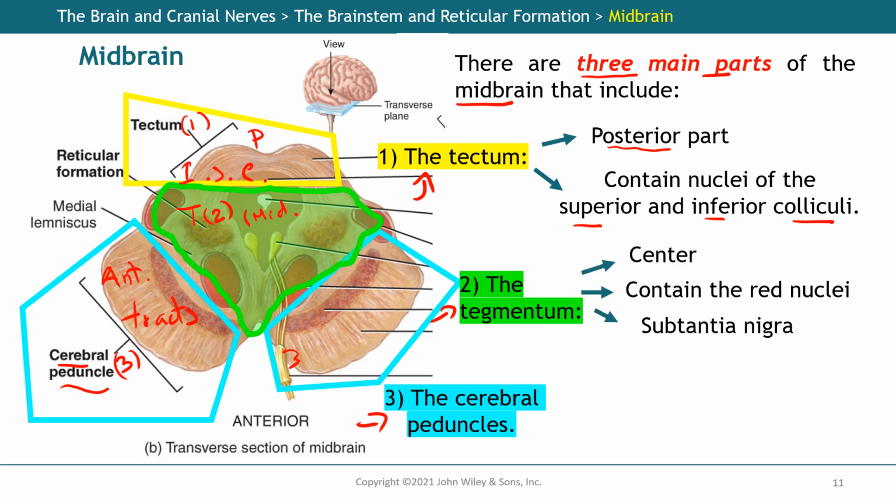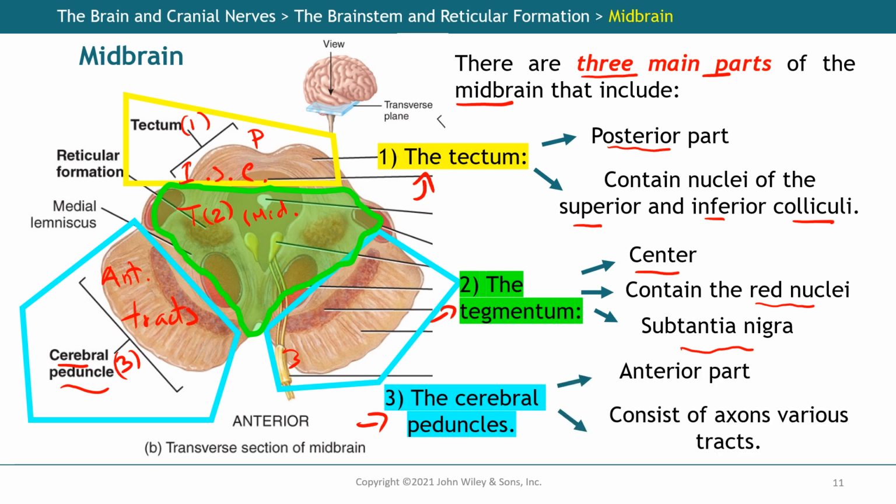The tegmentum is located in the center of the midbrain and contains many structures. Here I'm just going to write the red nuclei and the substantia nigra, and later we will talk about other ones. Finally, the cerebral peduncles are in the anterior part and consist of axons of different tracks.